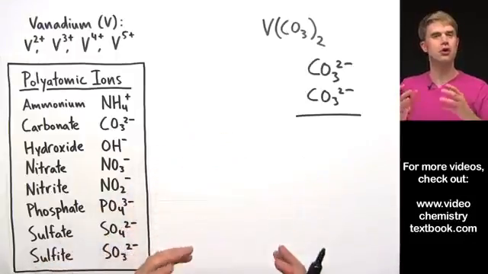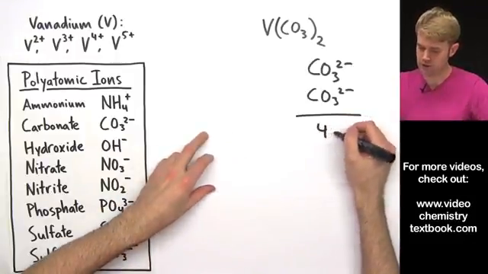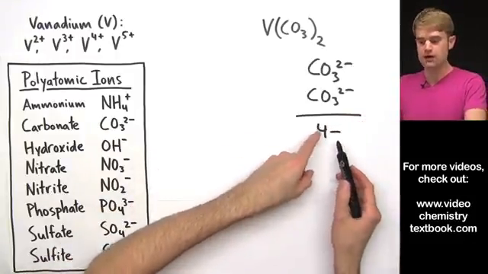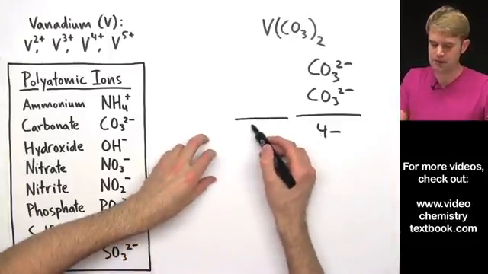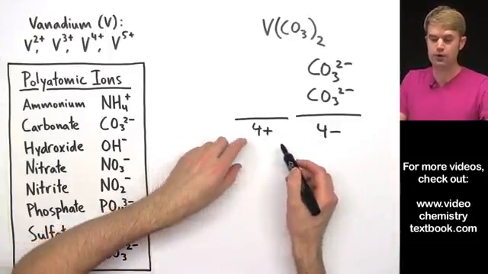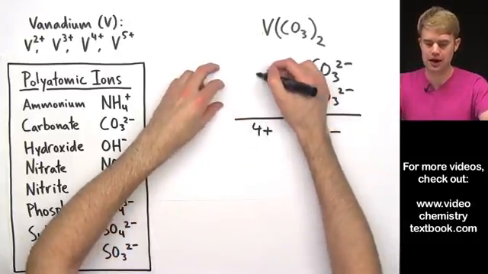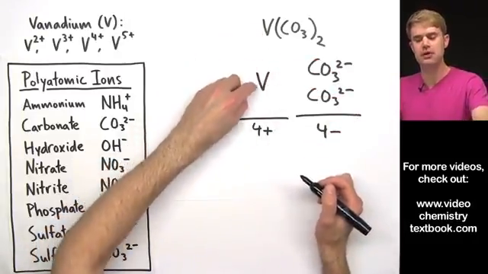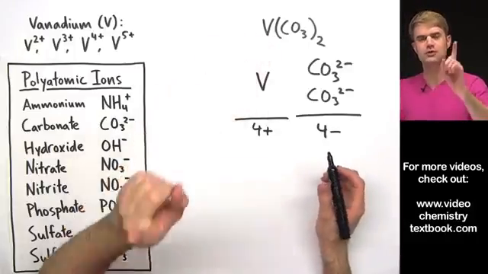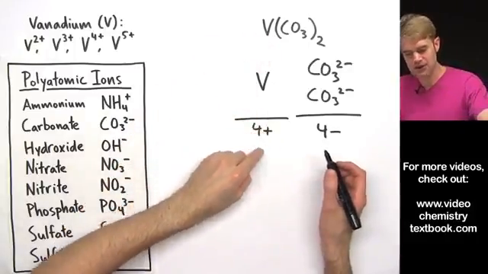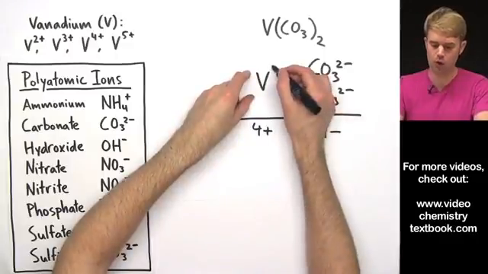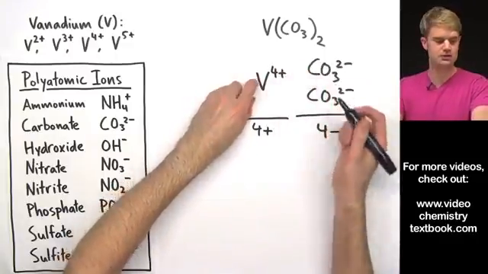And that means that for total negative charge here, we have 4-. Now that 4- has to be balanced out by 4+ of positive charge. And that positive charge is going to end up on this vanadium. There is only one of them. There's no number after it, so there's just one. So that means that this vanadium has to hold all of the positive charge.